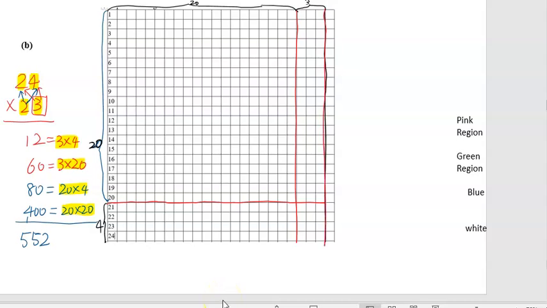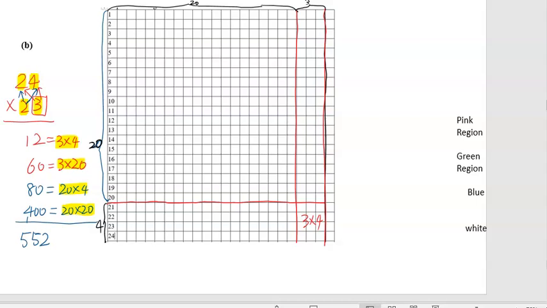Okay, so next, as you can see, we have these 4 different sections, and for these different regions, I'm going to mark them. For example, 3 columns, 4 rows. So it's going to be right here, 3 times 4. You can just label them like this, or you can use a color.